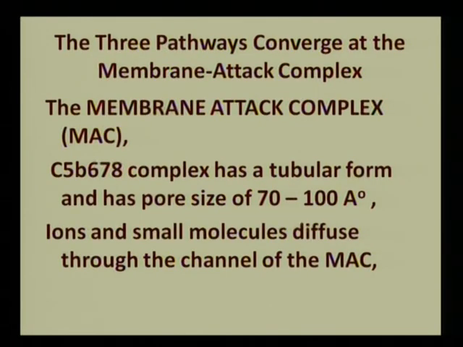C3a, being a smaller component, diffuses away, and C3b, a larger one, again binds with this complex, that is C4b2a3b, which resembles the classical pathway. Then this C3 convertase cleaves C3 into C3a and C3b. This C3b, the larger molecule, binds with the previous complex and they generate C5 convertase.